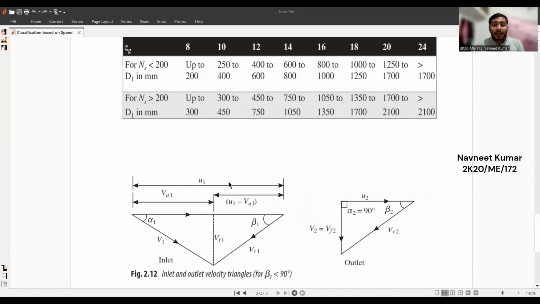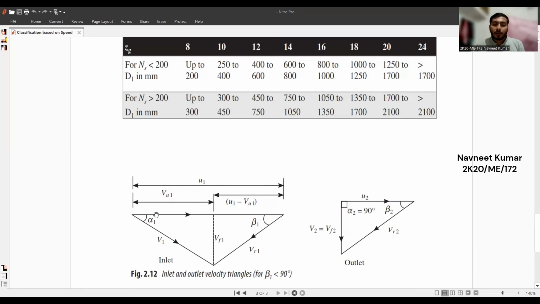We can write omega as 2 pi n by 60, which gives u1 equal to pi d1 n upon 60, where n is the speed in rpm. Similarly, u2 can be written as r2 omega, which leads to pi d2 n upon 60. d2 is the diameter at the outlet, and d1 is the diameter at the inlet.